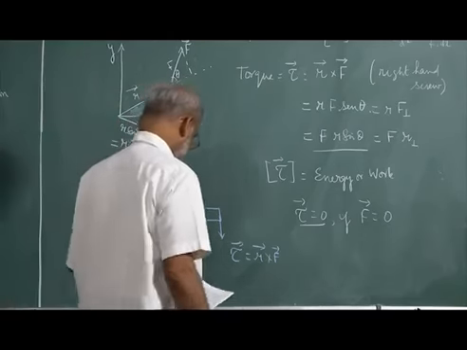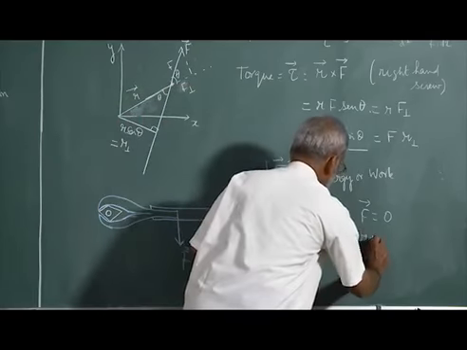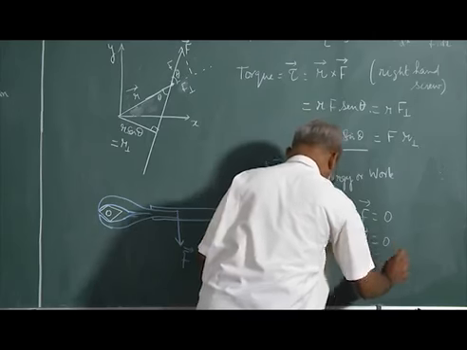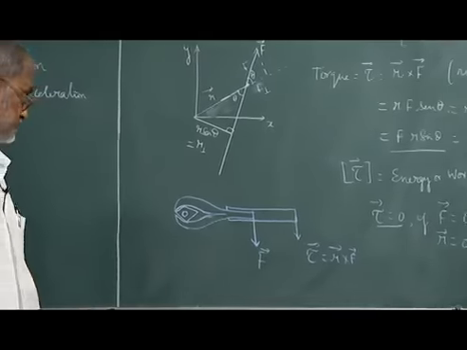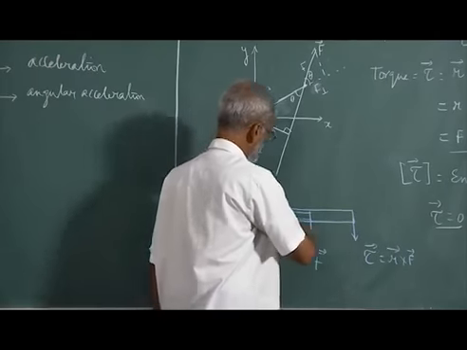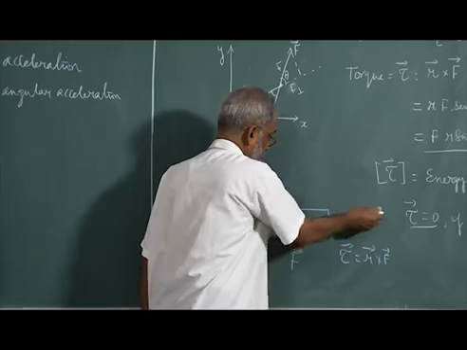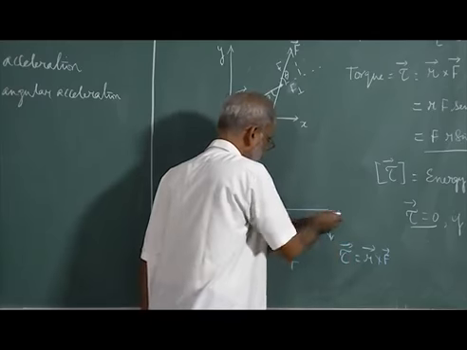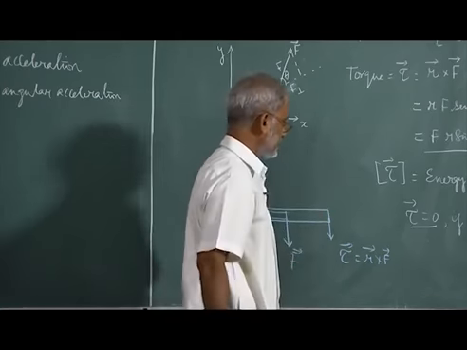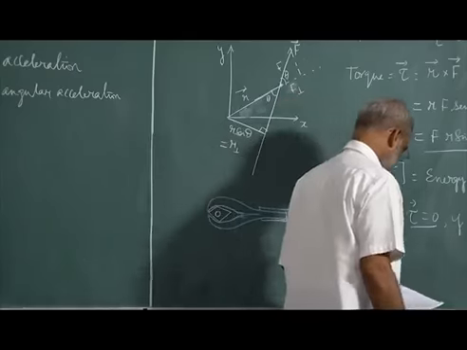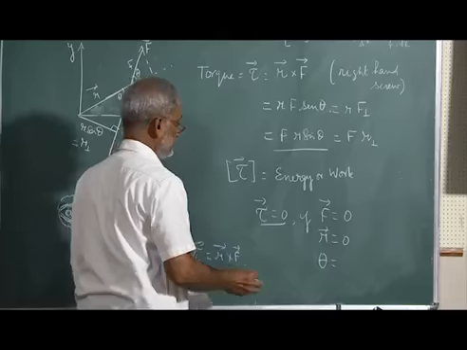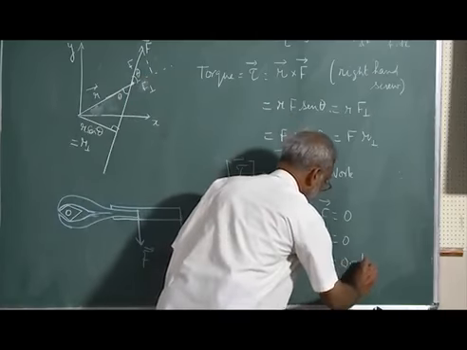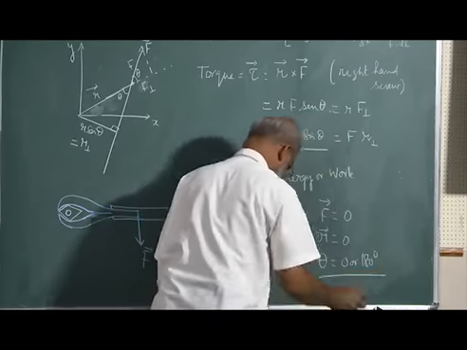On the other hand, if r is equal to 0, that is, the line of action of the force passes through the origin, then there is no way it can rotate. The other case is when the angle between these two is 0 or 180 degrees.